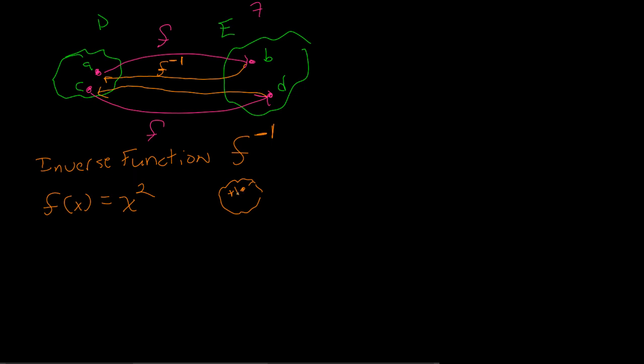If I map +1 or -1 to their range, well, +1 squared is +1 over here, and -1 squared is also +1. These 2 points in a valid function come over to 1 point. That means if I try to reverse this, if I'm sitting at +1, which way do I go backwards?